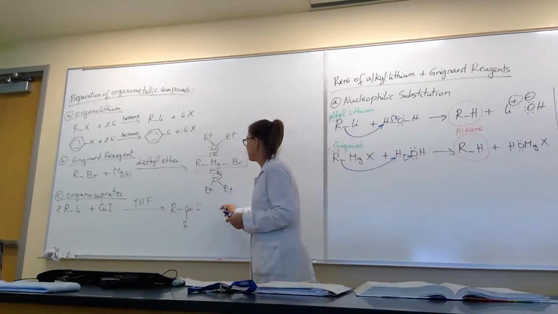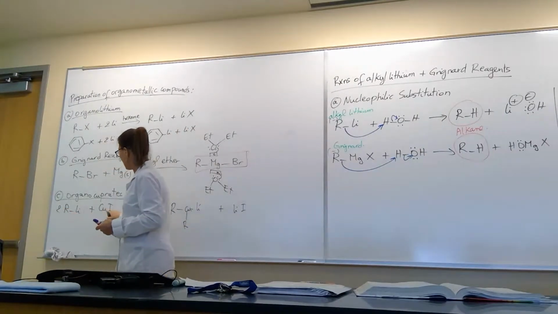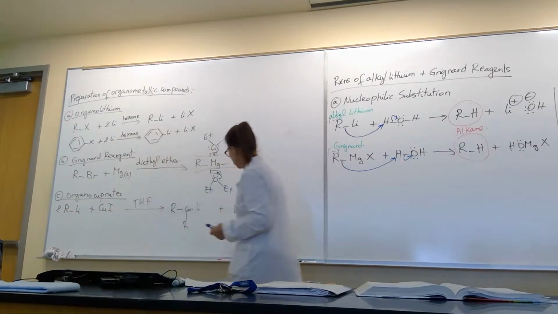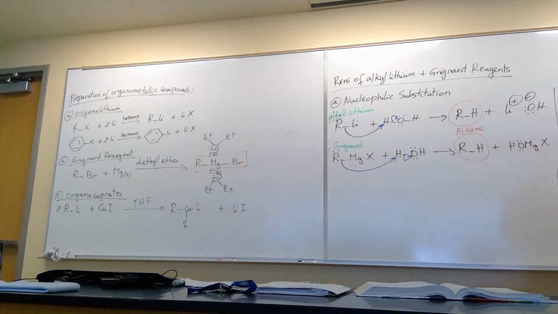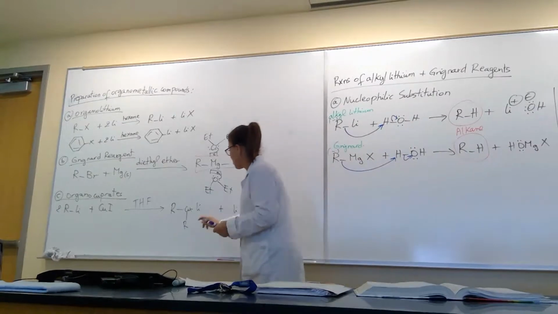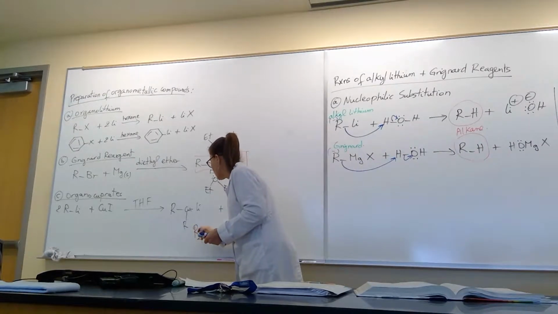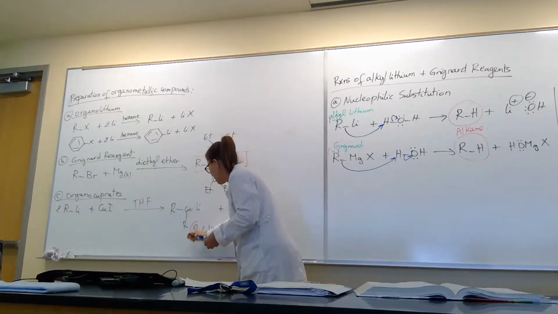Plus LiI, because we use two of these, so the copper lets go of the iodine, and the iodine attaches to the lithium. So every time you see an organocuprate, the formula will always be R2CuLi. See the two? That's what it is. That's an organocuprate.